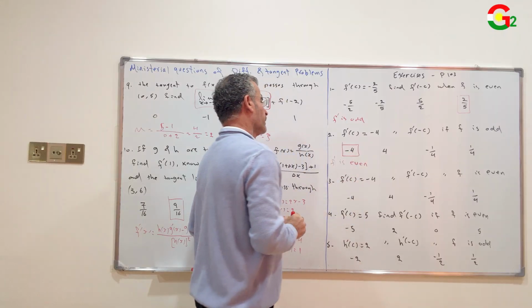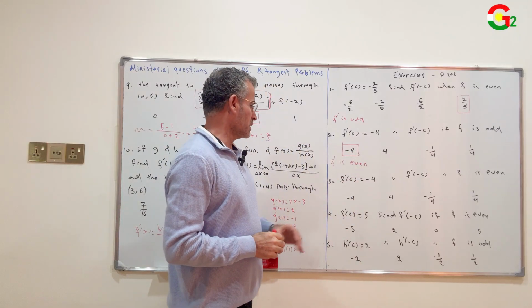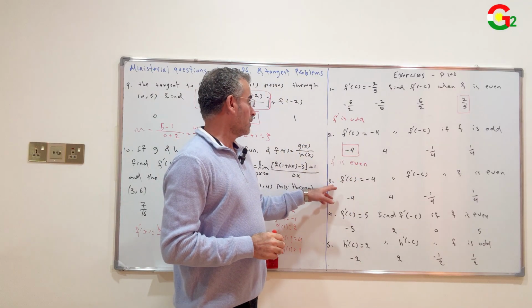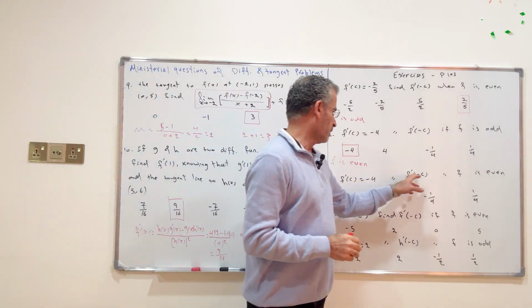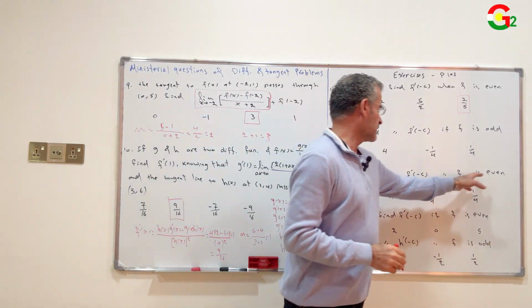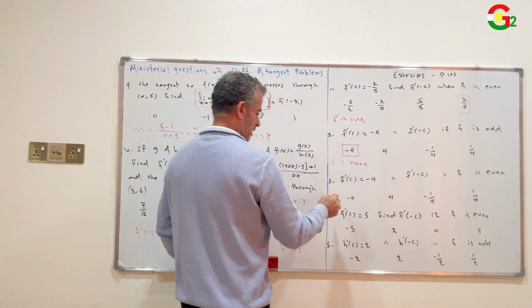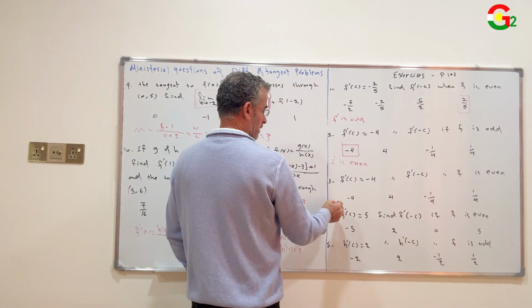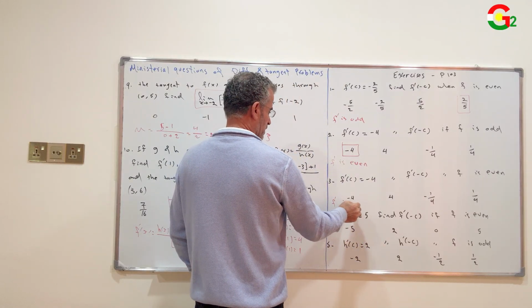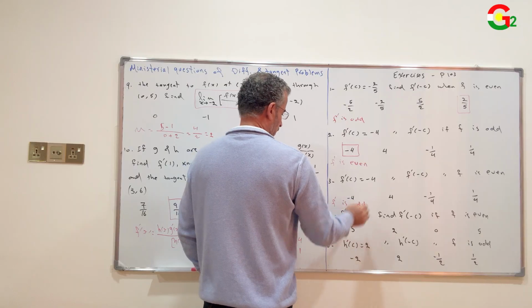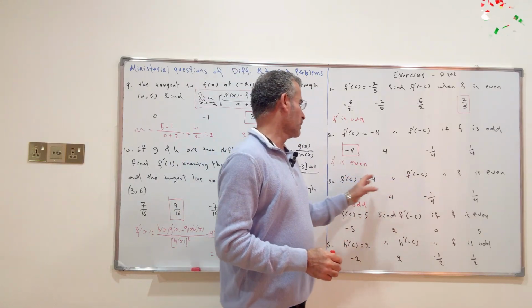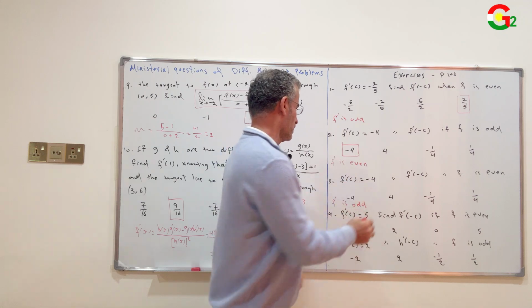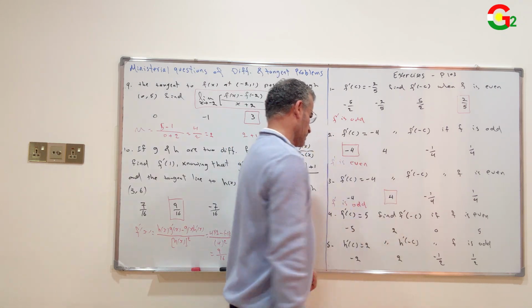So the right choice is A. F prime of c equals negative 4. Find f prime of negative c if f is even. If f is even, then f prime is odd. For an odd function, f prime of negative c equals negative f prime of c. So the right choice is 4.